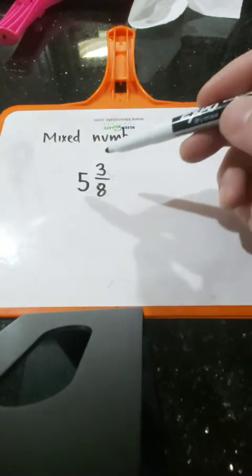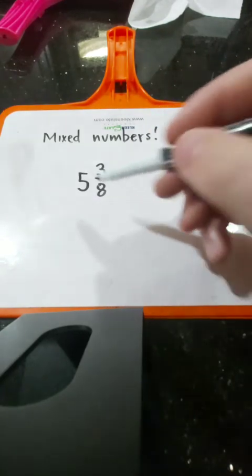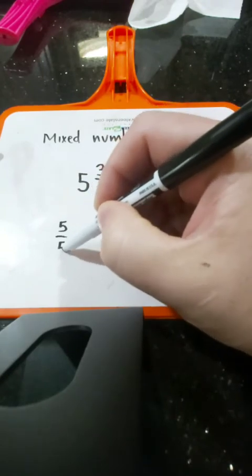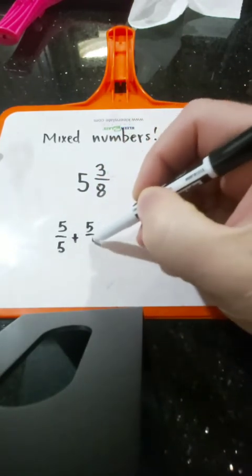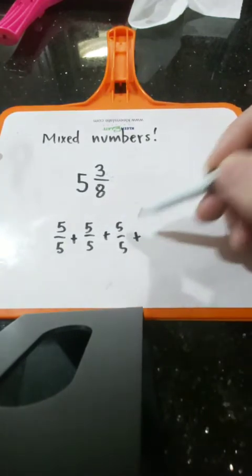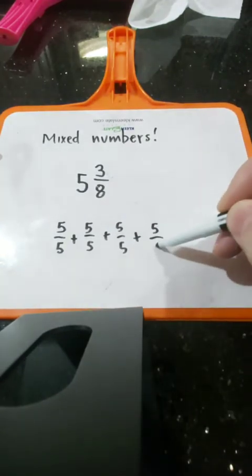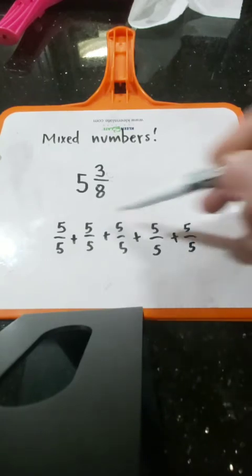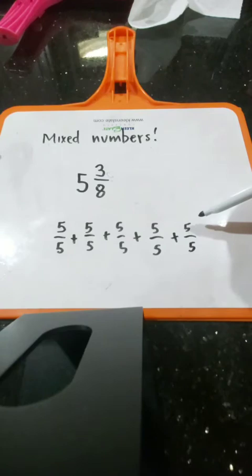All right, so really what this is saying is you have 5 wholes, so that's 5 plus 5 plus 5 plus 5 plus 5. Those all are 1 whole each, plus 3/8.